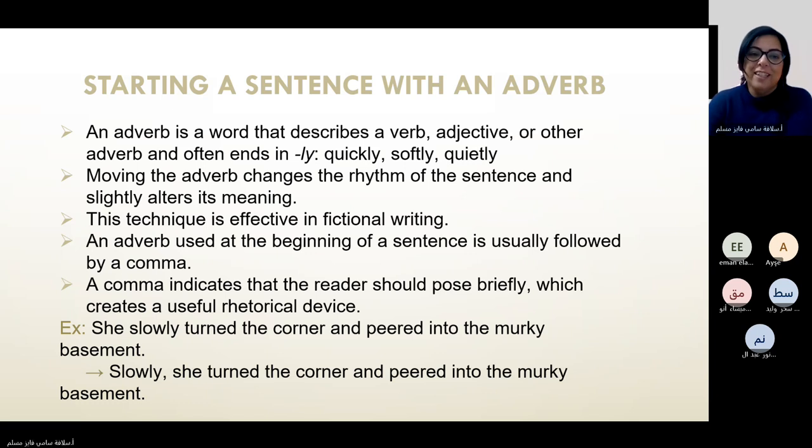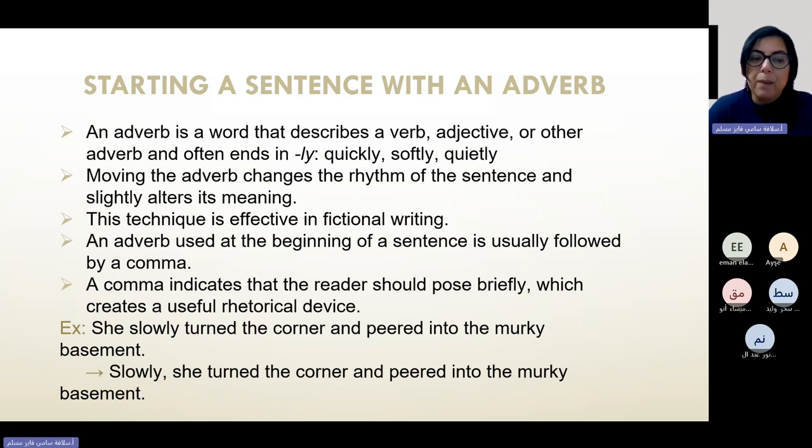Okay? An adverb used at the beginning of a sentence is usually followed by a comma. Sometimes, hardly, I wake up energetic in the morning. Okay? A comma indicates that the reader should pause briefly, which creates a useful rhetorical device.